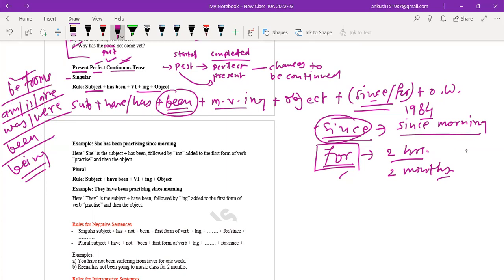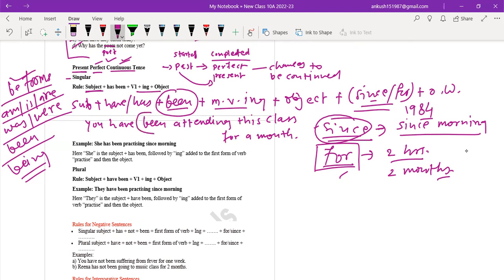So to make the sentence perfect, we use been instead of the third form of the main verb. For example: you have been attending this class for a month.